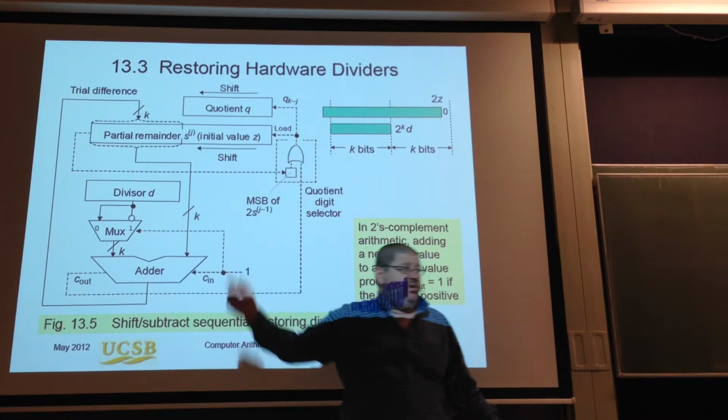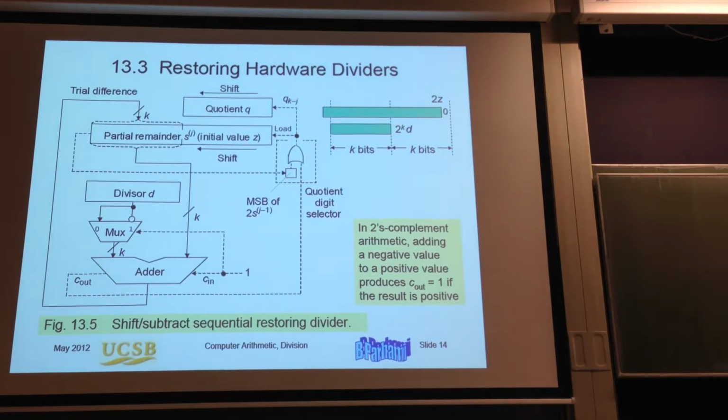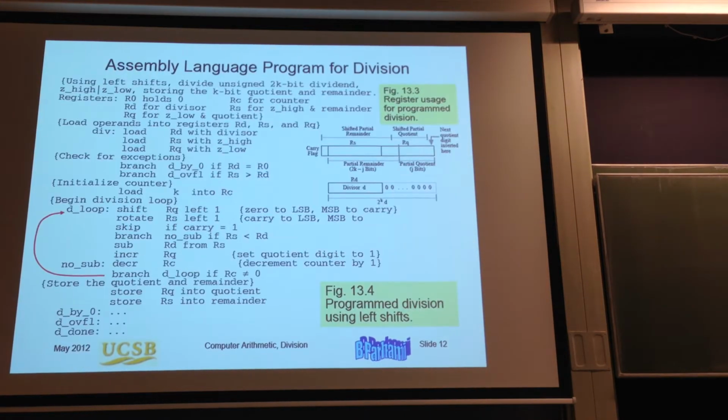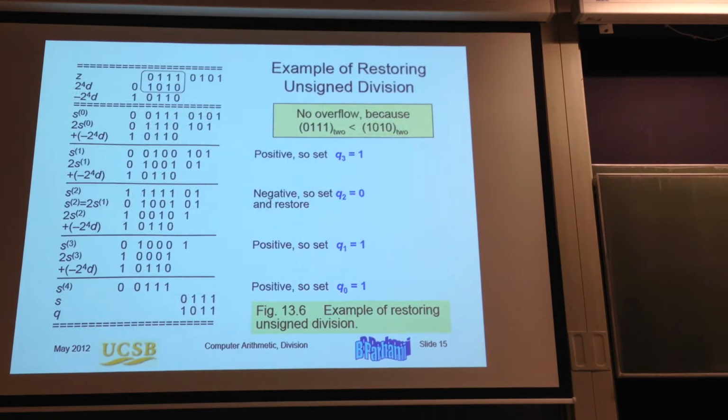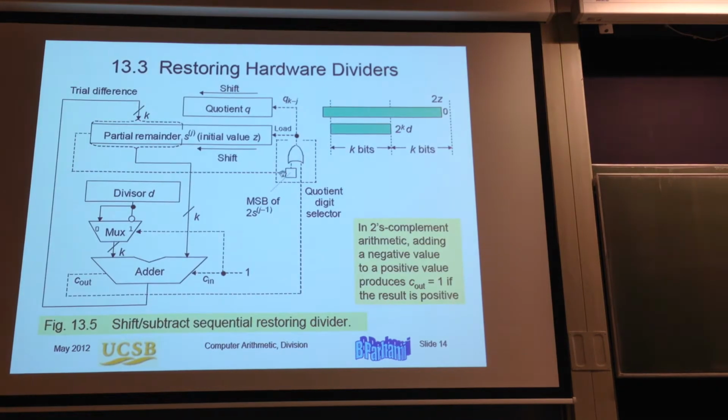And when this bit is 1, for sure, this will be fine. Then with a simple OR gate, I will generate the quotient. This is called restoring division.